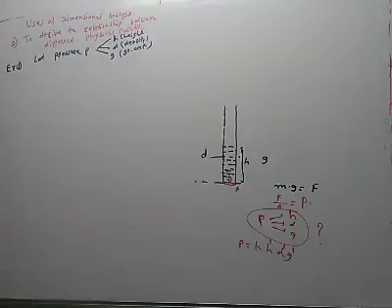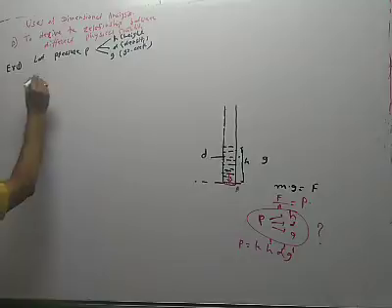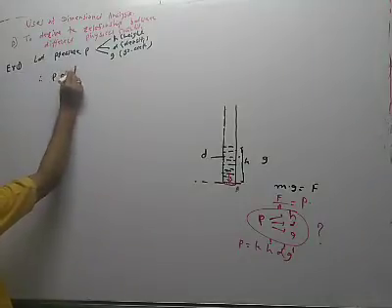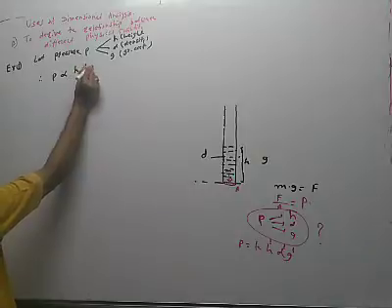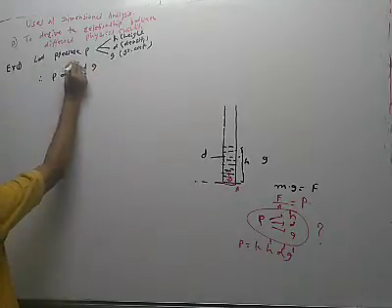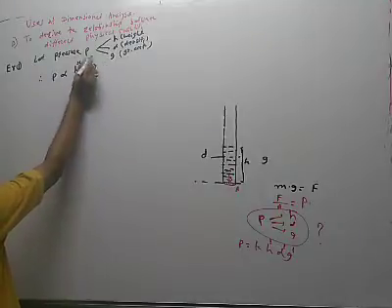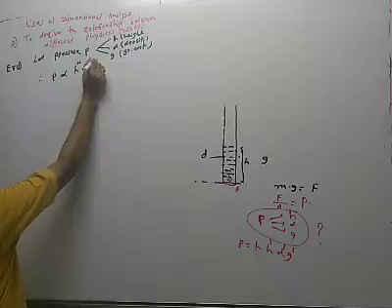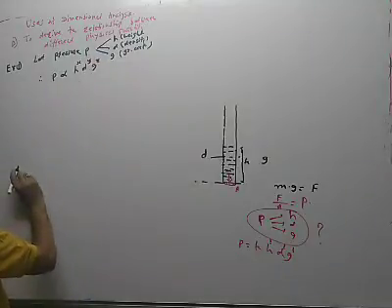So P depends upon H, D, and G, and therefore we can say that P is directly proportional to H, D, G. We don't know the power, so let the power of H be equal to X, X is equal to question mark. The power of D is equal to Y, Y is equal to question mark. And power of G is equal to Z, Z is equal to question mark.